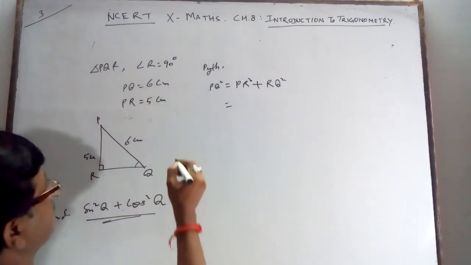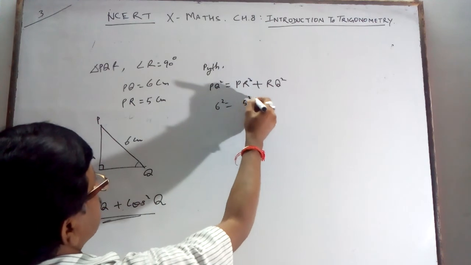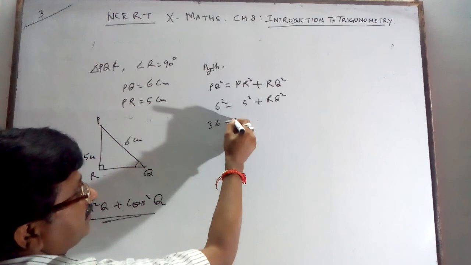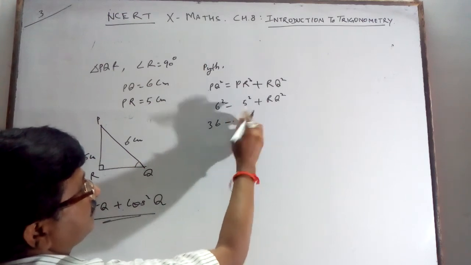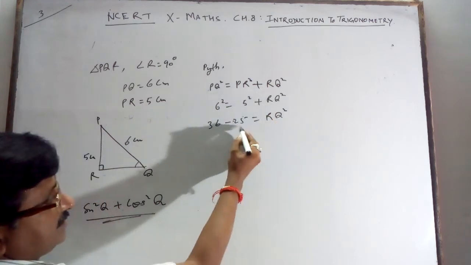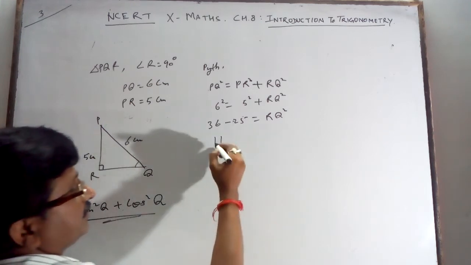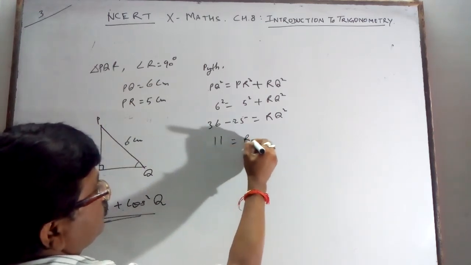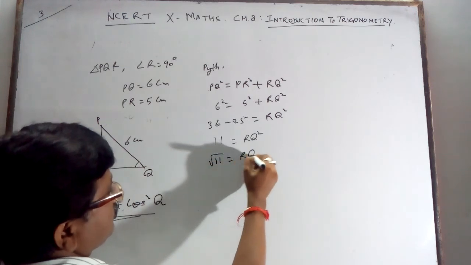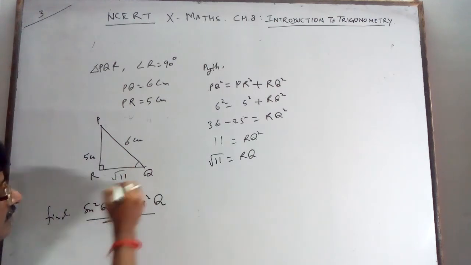Put the values: 6 square is equal to 5 square plus RQ square. 36 minus 25 is equal to RQ square. You are getting 11. 11 is equal to RQ square, then root 11 will be RQ.